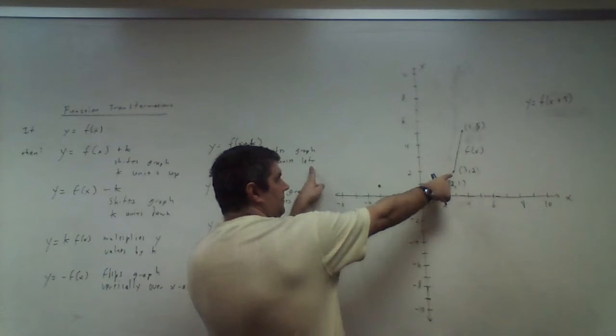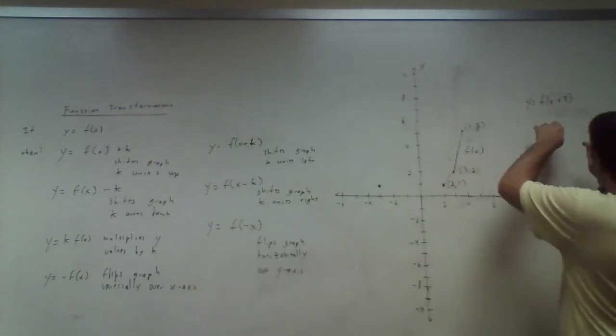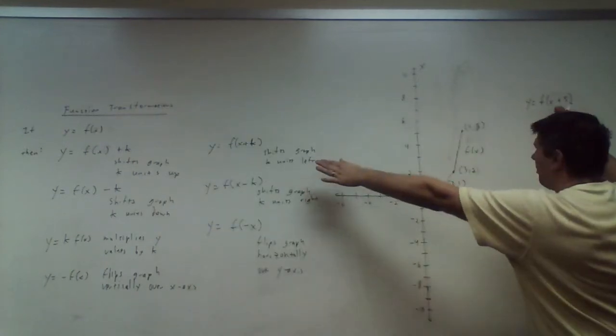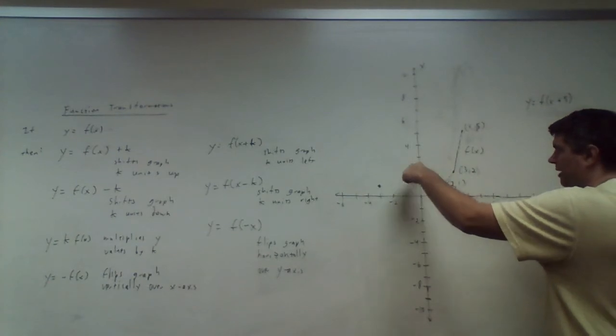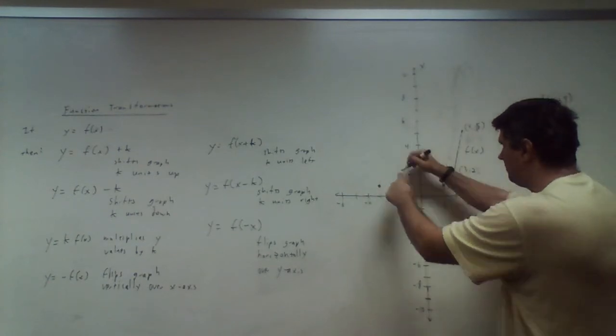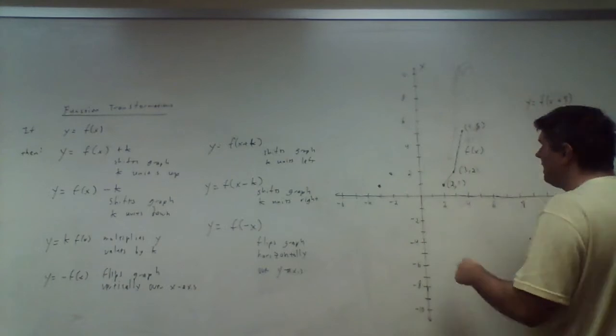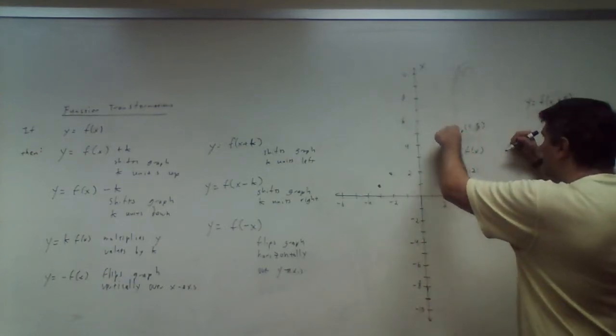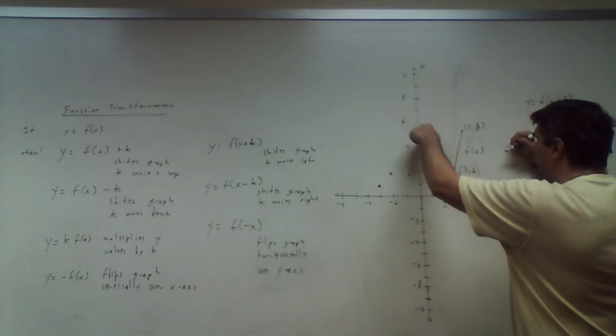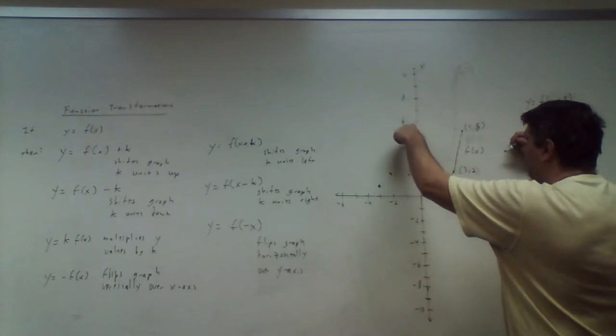To the left 5 places. So this is going to go over 1, 2, 3, 4, 5. And this one's going to move over 5 places. 1, 2, 3, 4, 5.